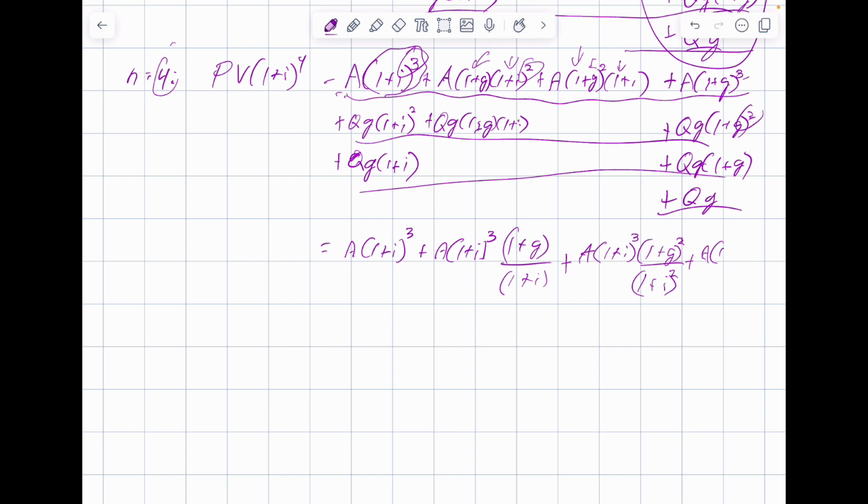And the third term, taking 1 plus I to the third out, we're left with 1 plus g to the third from this term. And since we're taking 1 plus I to the third out, we're left with 1 plus I to the third in the denominator.